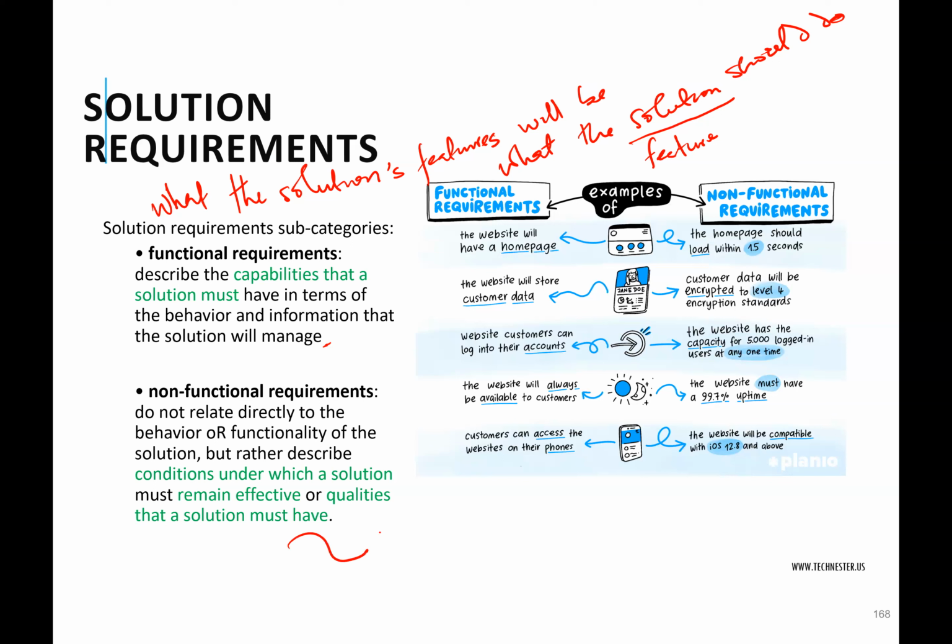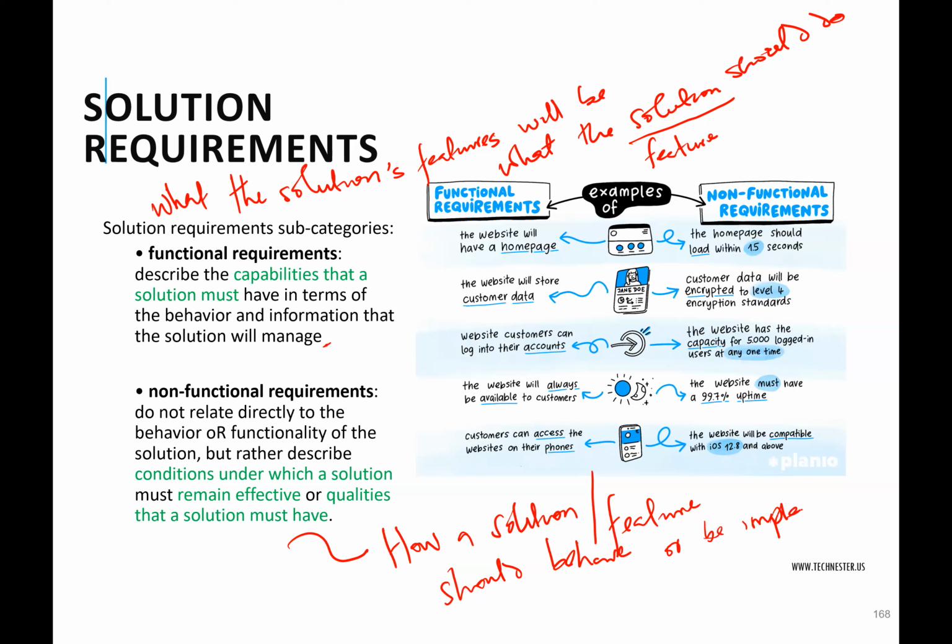In summary, how a solution or feature should behave or be implemented. Functional requirements talk about what, non-functional requirements talk about how. So how the what should happen.